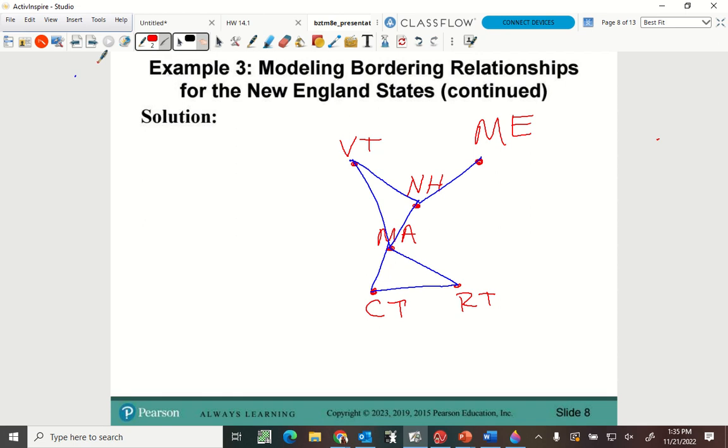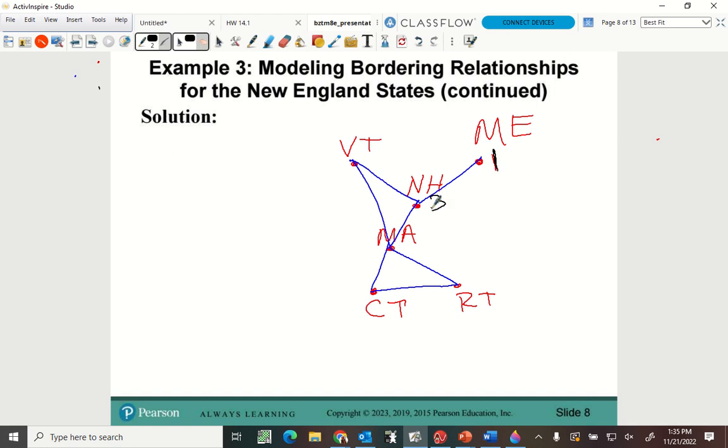So, at Maine, what is the degree at Maine? 1, because it only has one edge, right? Let me change colors here. All right, what about New Hampshire? What is the degree at New Hampshire? 3.